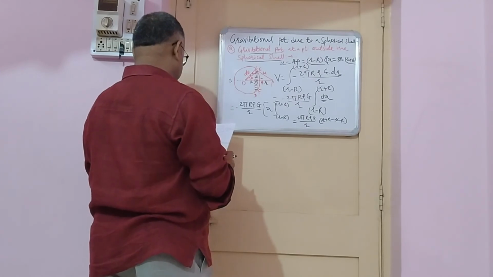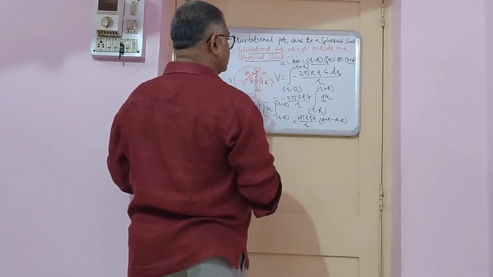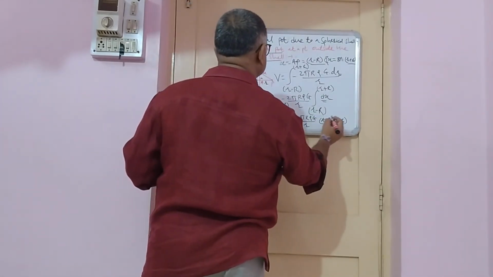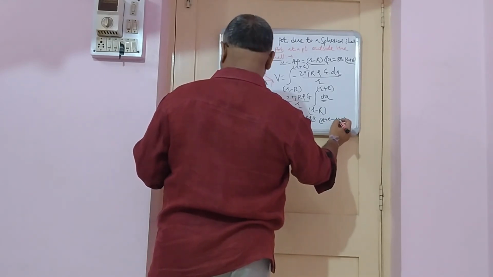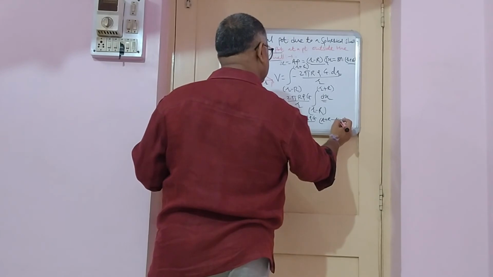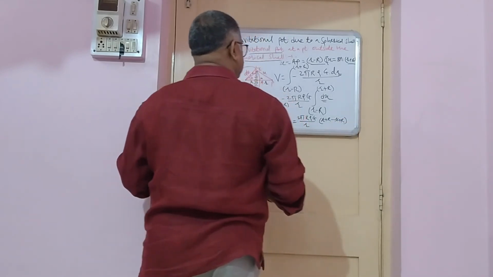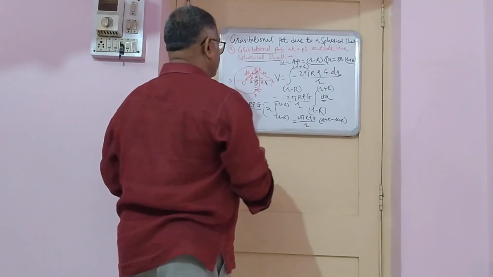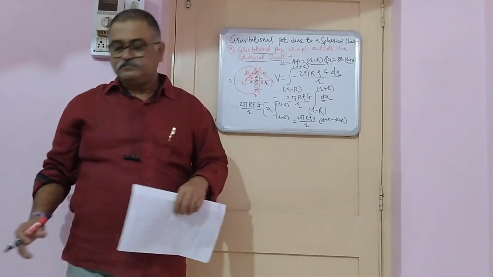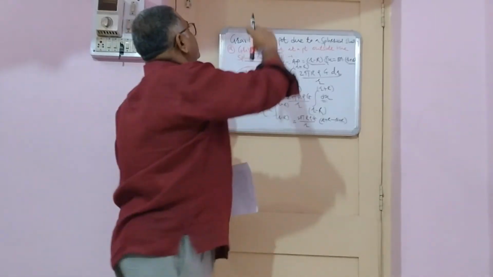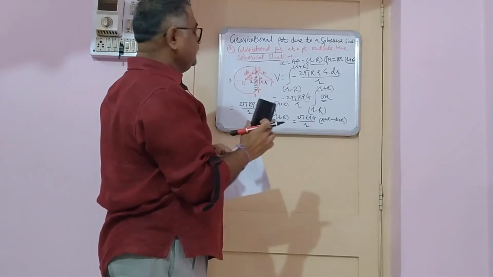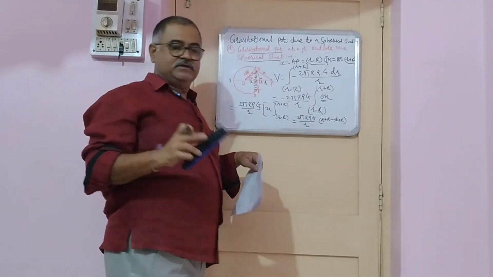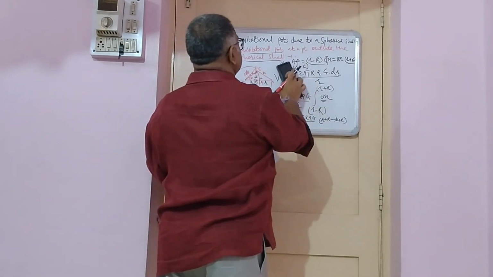Here it should be plus r, minus minus will get plus. Therefore that is nothing but 2r. I think you are getting the things.